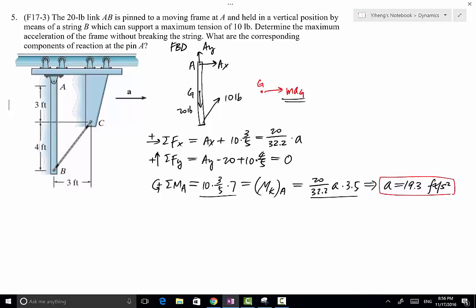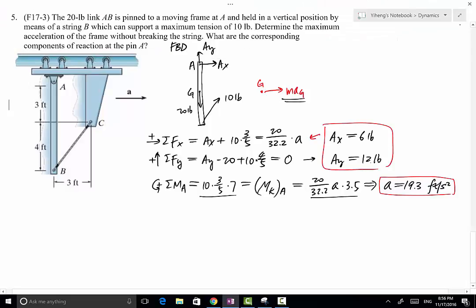And substitute that into here, we can solve for AX to be 6 pounds. And then from here, we can solve for AY directly from this equation to be 12 pounds. So 3 equations of motion, 3 unknowns. We can solve for all of them.